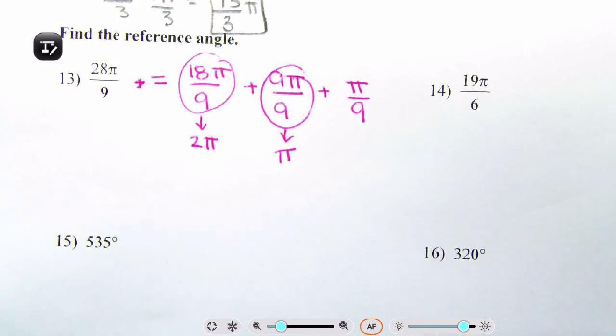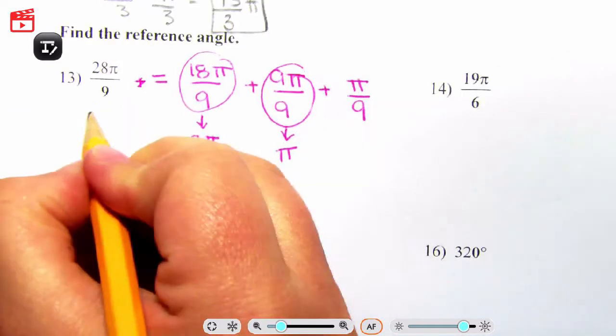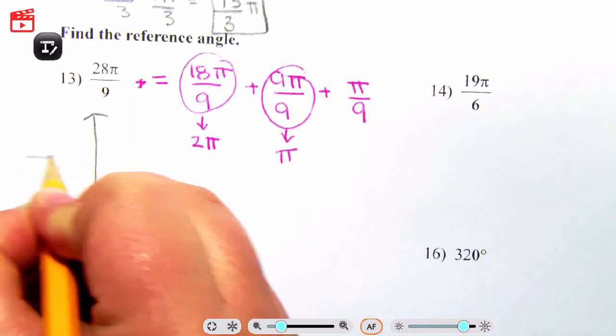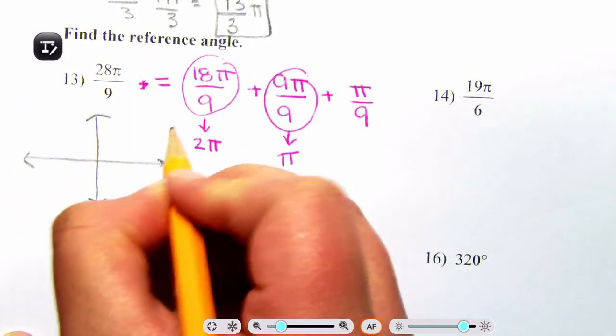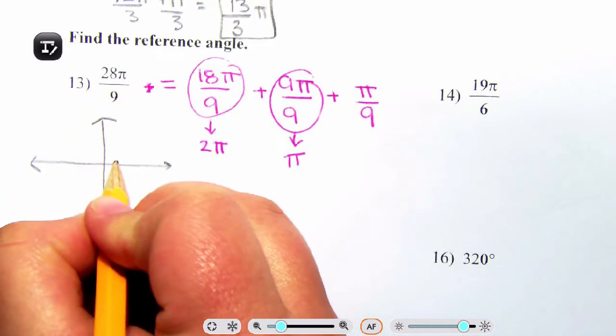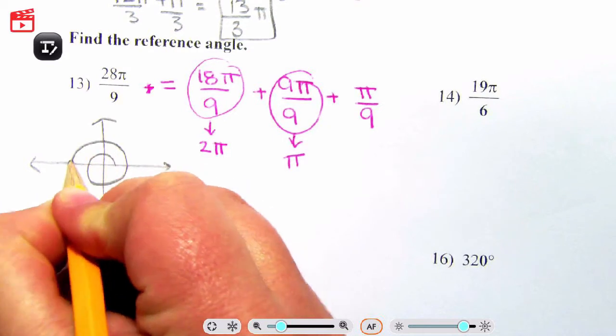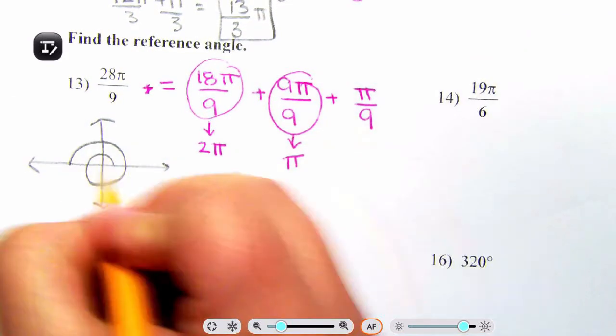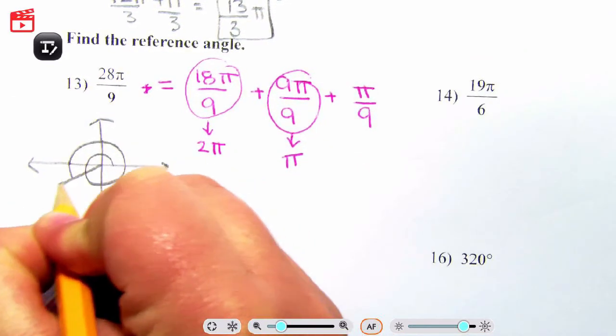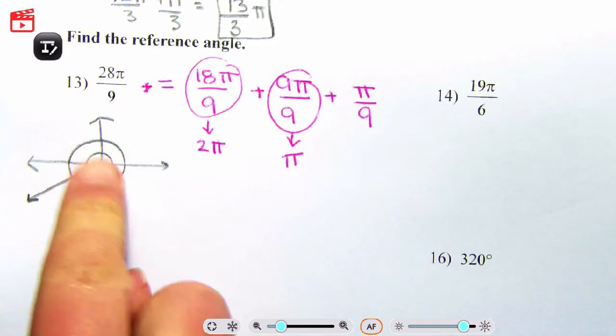So then what do we have? Let's draw this out. Counterclockwise, because it's positive, I have 1 full revolution. I have π, which is half of a revolution. And then I have π/9, which is here. So here's my entire angle.